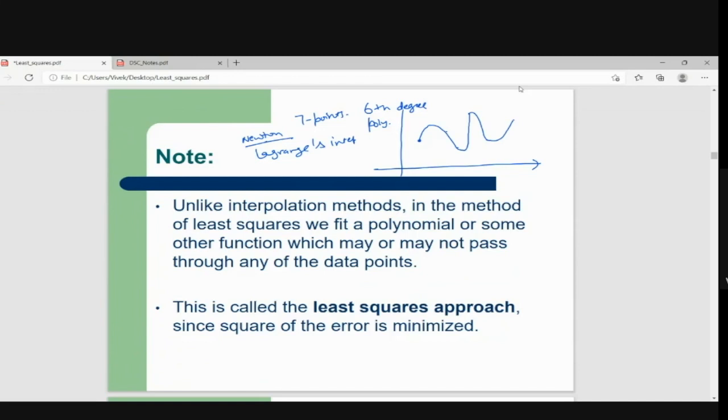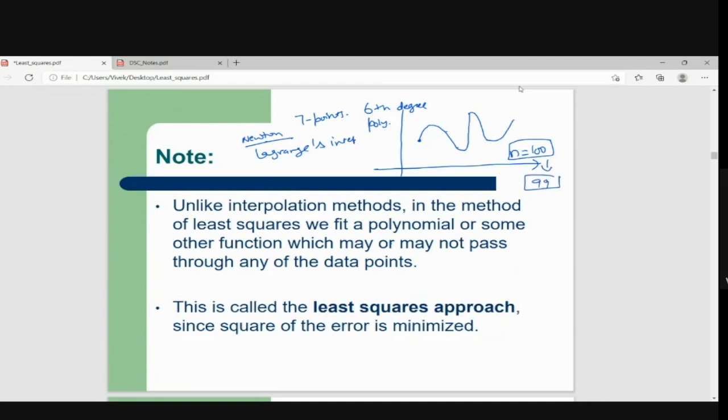The best thing about that polynomial is that it is passing through all these points. But this is okay. Now, what will happen if we have n equal to 100 points? If we have 100 points, I will get a polynomial of degree 99.